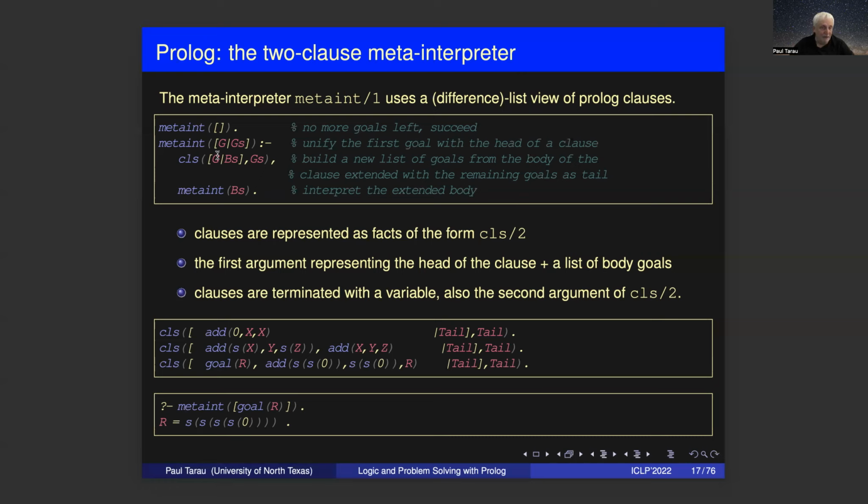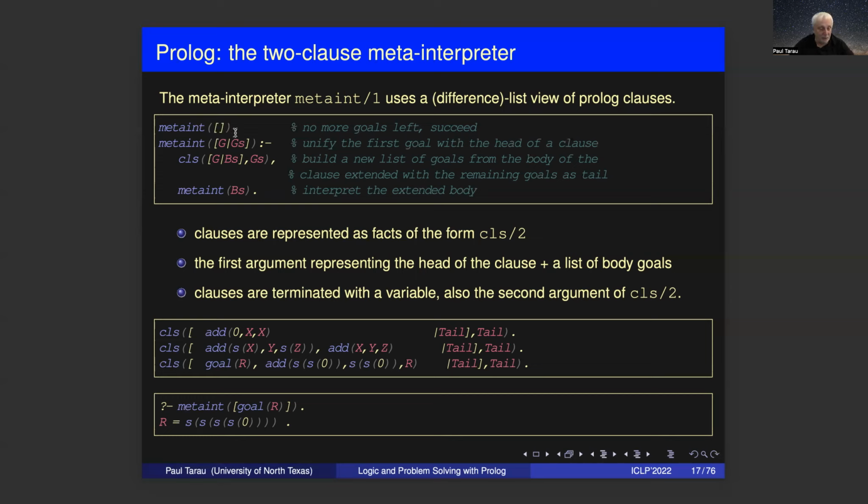By putting the same variable here, you actually trigger a search over the available clauses. And assuming that a match happened, the body of the clause, which is a difference list, will be simply extended with the list of remaining goals, and then that extended body will be further interpreted until the stopping condition, the success condition, the empty list, is reached.